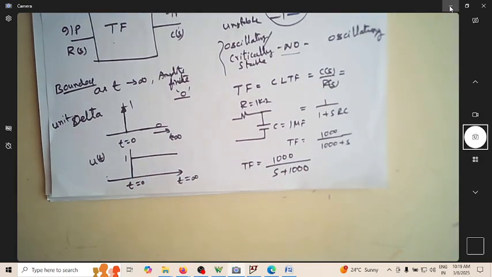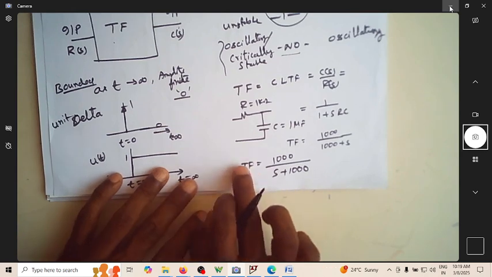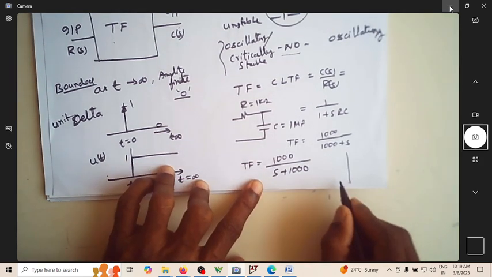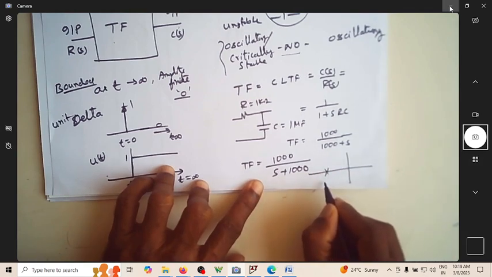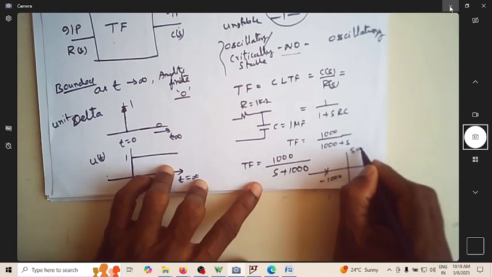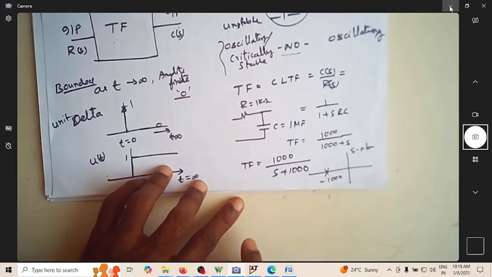Now if this is the transfer function, is this system stable? Where is the pole of this? The pole of this, as we know, is located at minus 1000. This is the s-plane representation of this pole, which is at minus 1000.